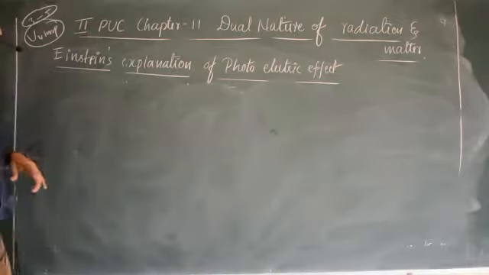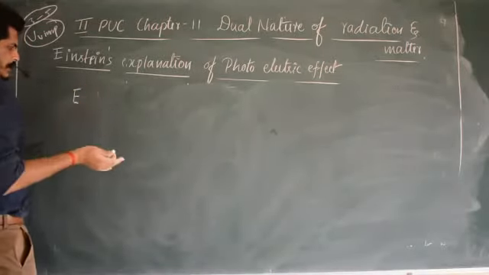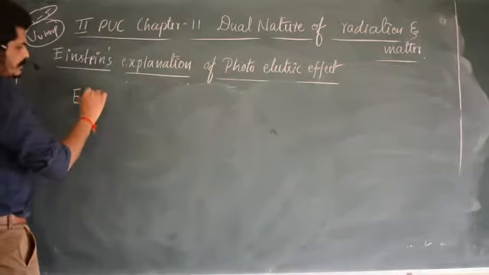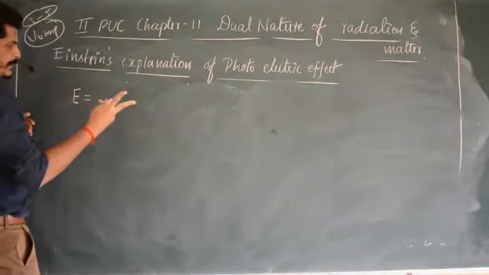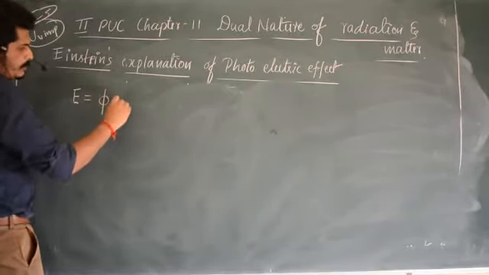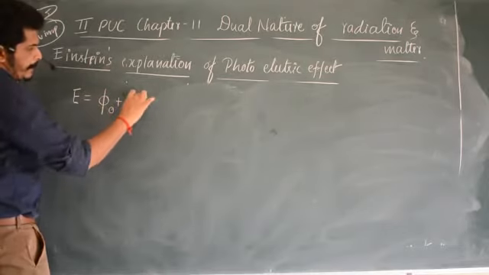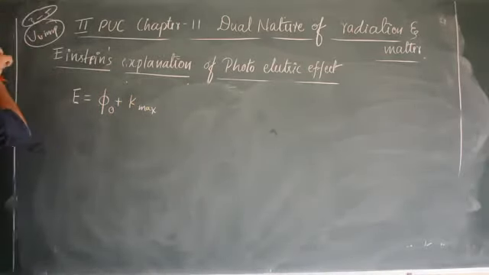So what is the energy given by the photon? The energy of the photon is utilized in two different ways, correct? One is the work function, and one more is the maximum kinetic energy, K max.